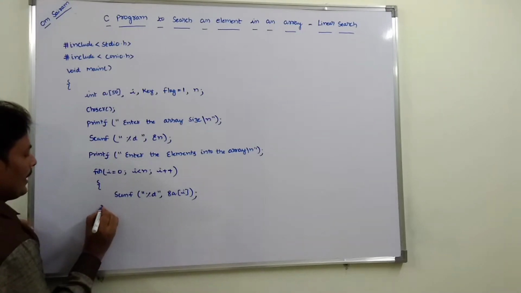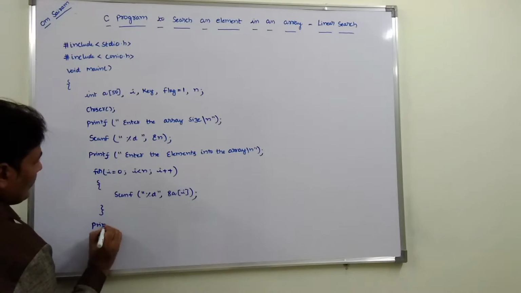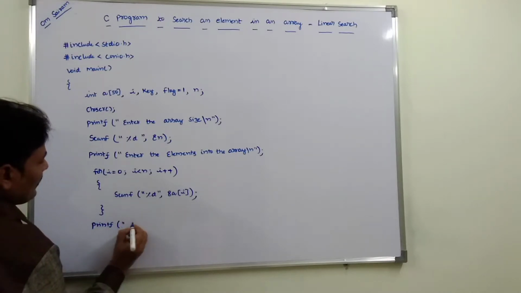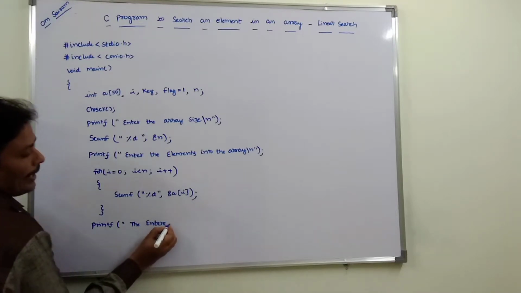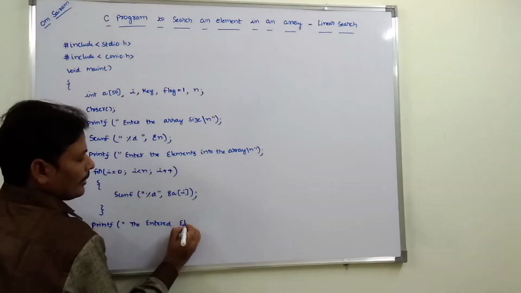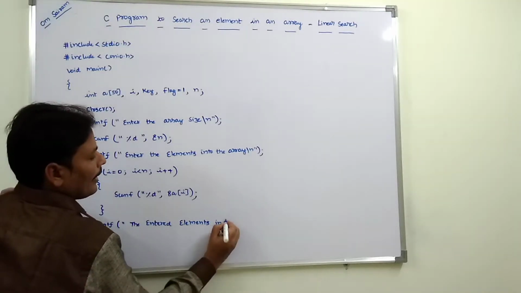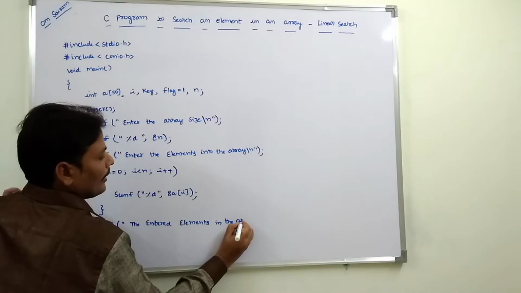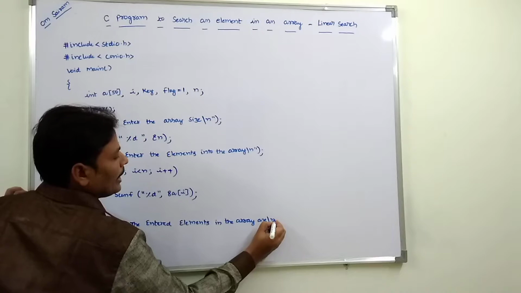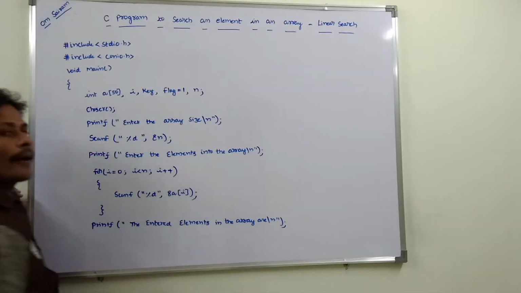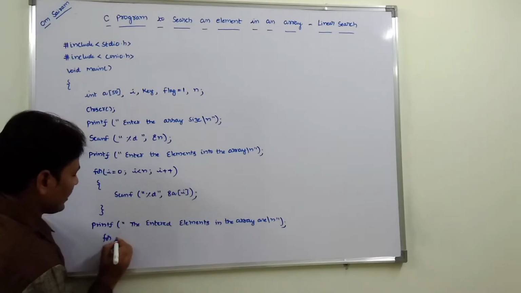Okay. Next, printf, "The entered elements in the array are". Whatever elements are read from the keyboard, those elements are printed on the monitor by using the printf function.